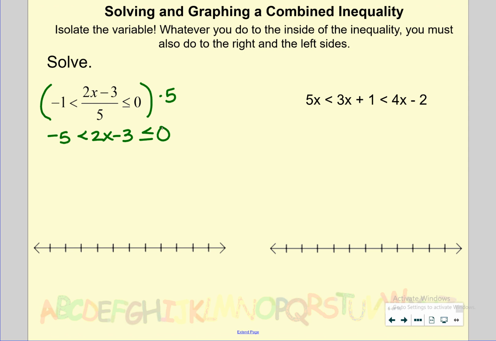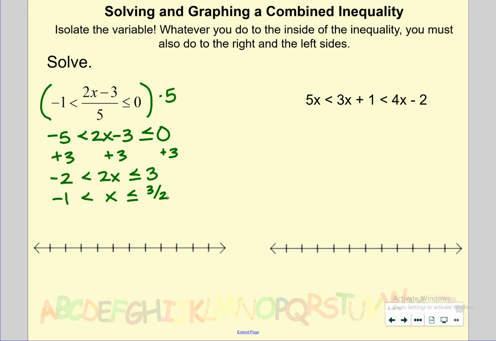Well, if I want to get that x alone, I need to add 3 and divide by 2. We're just going to do it to all three pieces to keep this inequality statement balanced. So that would be negative 2 less than 2x less than or equal to 3. And then I need to divide everything by 2, which would be negative 1 less than x less than or equal to, you can say 3/2 or you could say 1.5 there.